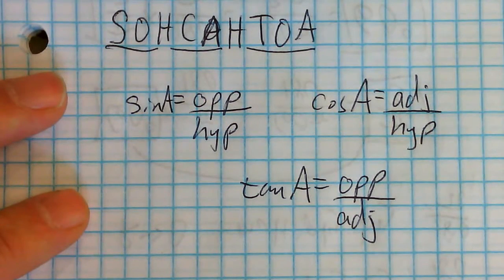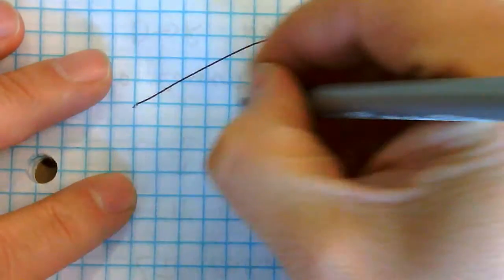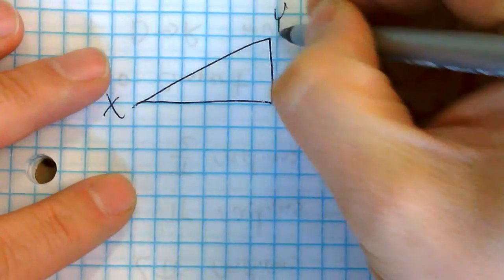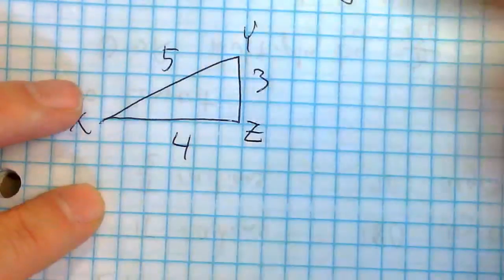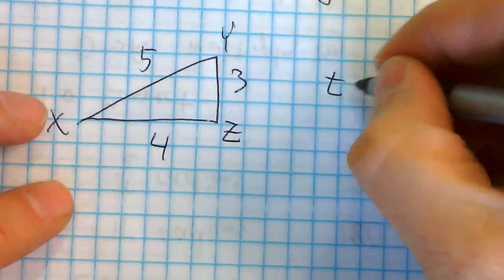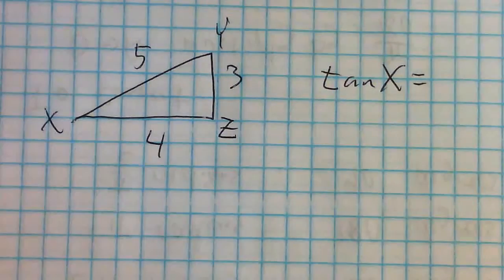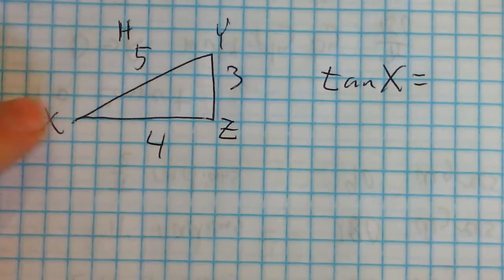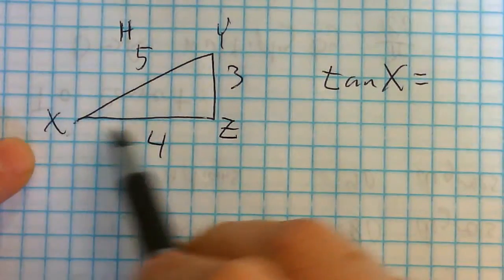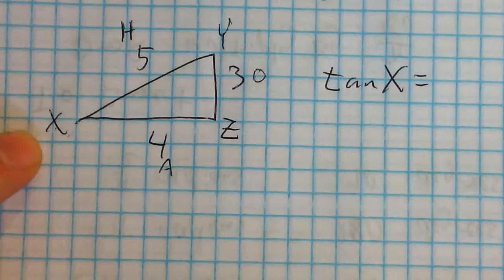All I'm going to ask you to do today is just set up some ratios. For example, if we have a triangle with vertices x, y, and z, and I put some numbers in here, 3, 4, 5, and ask you to tell me what tan x is, you would look at this triangle and say, I know that 5 is the hypotenuse, and from angle x, 4 is the side that's touching x, so that has to be the adjacent side, and 3 isn't touching x, so that's the opposite side.